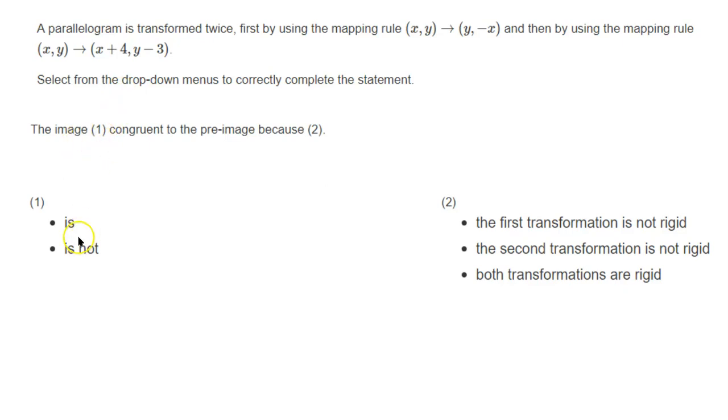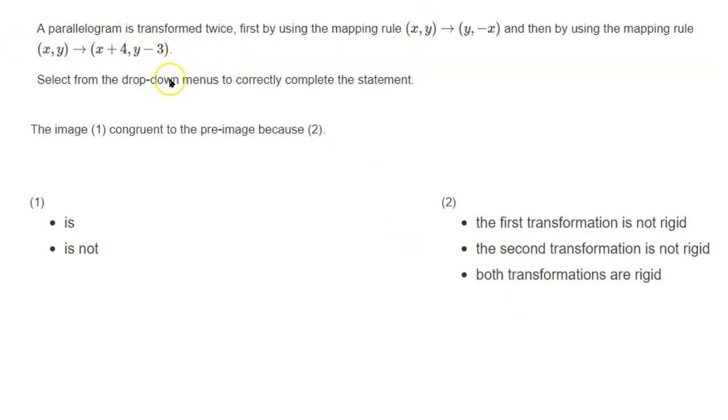Well, we don't have drop-down menus, so instead, you're just going to choose fill in the blanks. The image is or is not congruent to the pre-image because, so it either is or it isn't. The first transformation is not rigid. The second transformation is not rigid. Or maybe both transformations are rigid.